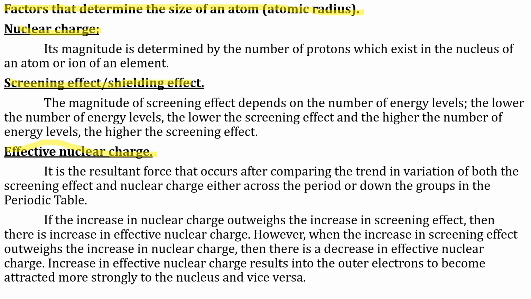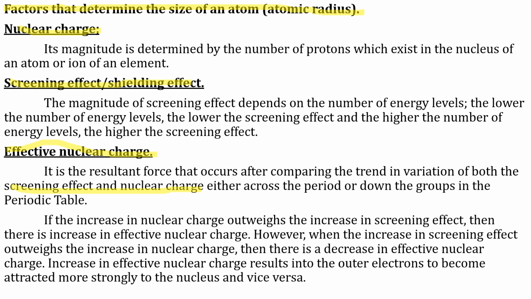Now, after explaining both of those, you have to talk about the effective nuclear charge. As you are seeing in the definition, this is the resultant force that occurs after comparing the trend variation in both the screening effect and nuclear charge, implying that you cannot talk about effective nuclear charge before talking about screening effect and nuclear charge, either across the period or down the group.